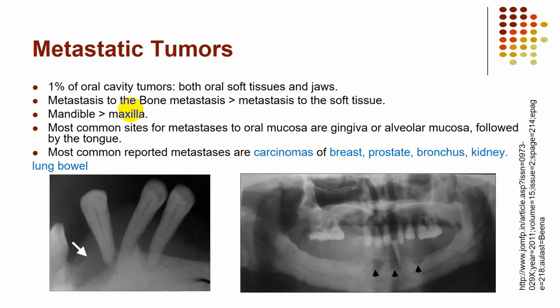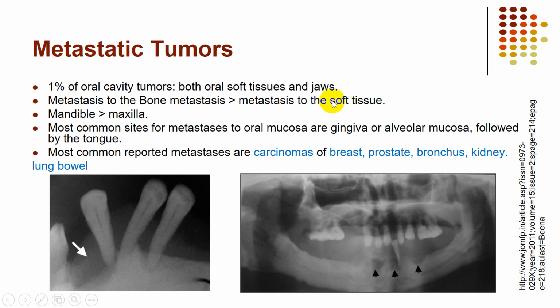For the metastatic tumors, metastatic tumors can be bone forming or radiolucent, bone lytic lesions. They can go to the mandible and maxilla, but more in the mandible.